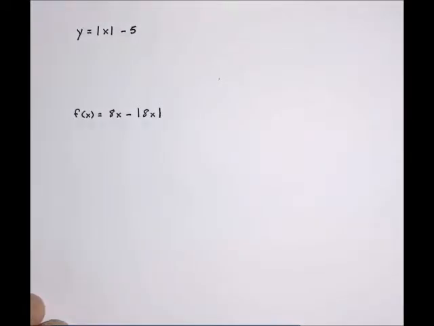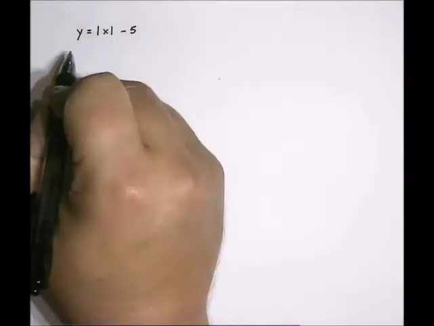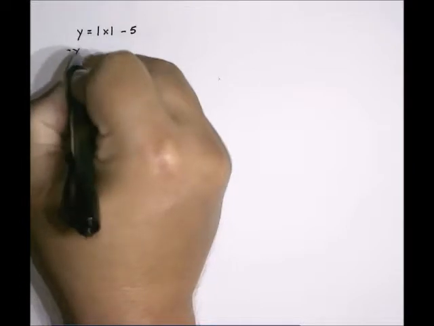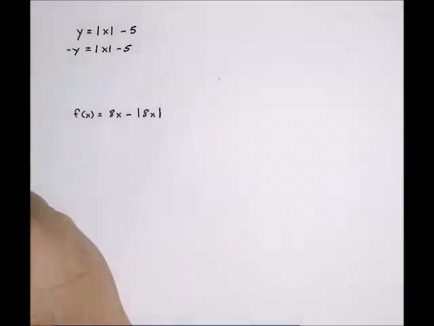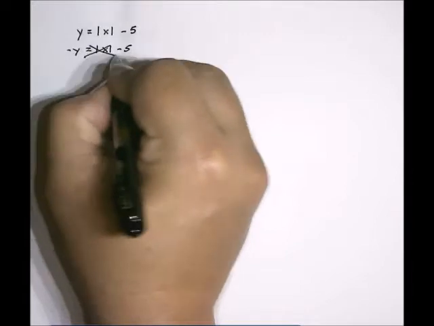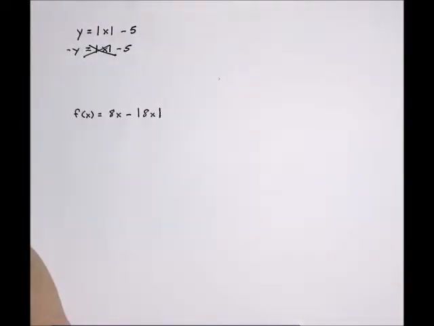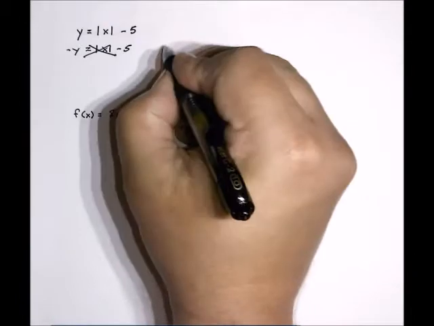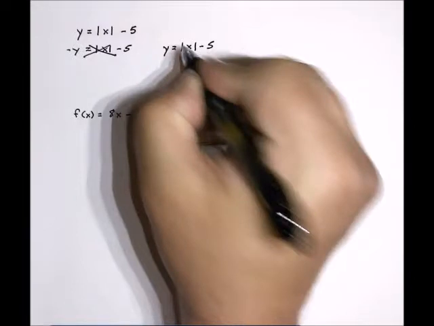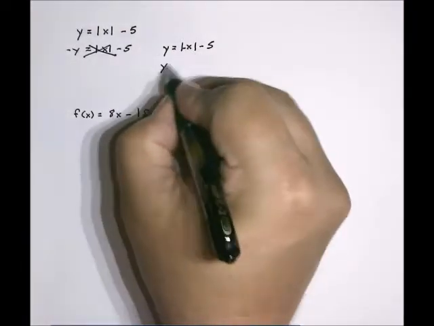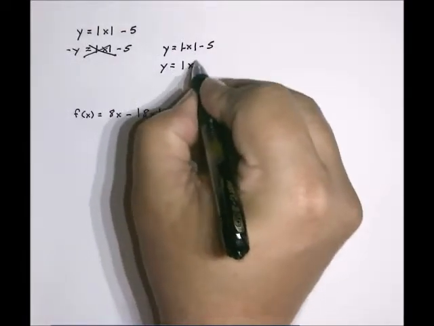So let's try these with some more complicated examples. Let's try y equals the absolute value of x minus 5 first. First, let's test for x-axis symmetry. And it's fairly obvious that's not going to give us the same equation. So x-axis symmetry is out. Let's try y-axis symmetry. Replace x with negative x. Absolute values get rid of those negatives.